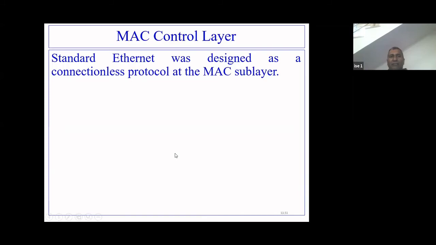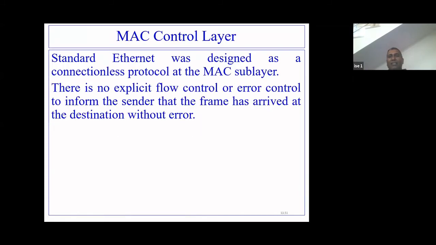We have seen standard Ethernet was designed as a connectionless protocol. Connectionless protocol means, again, that if a sending station has a frame to send, without bothering about the processing capability of the receiving host, it keeps on pumping the frames through the medium. So it was a connectionless protocol at the MAC sublayer.